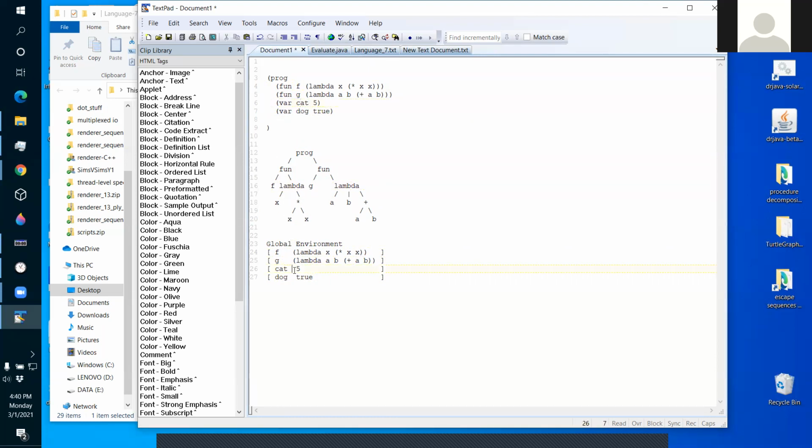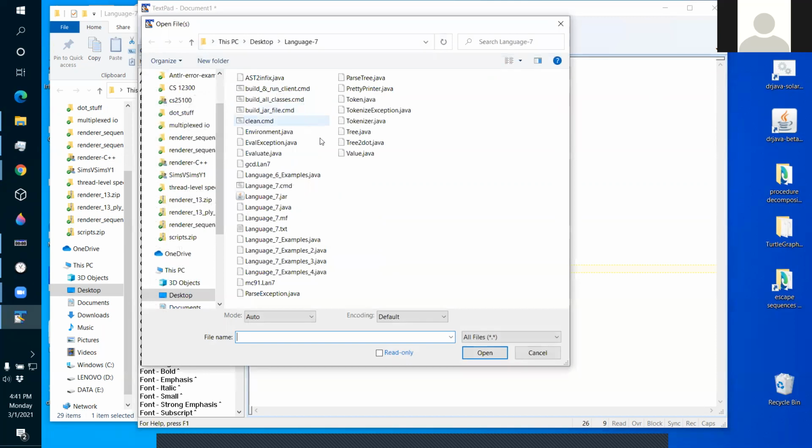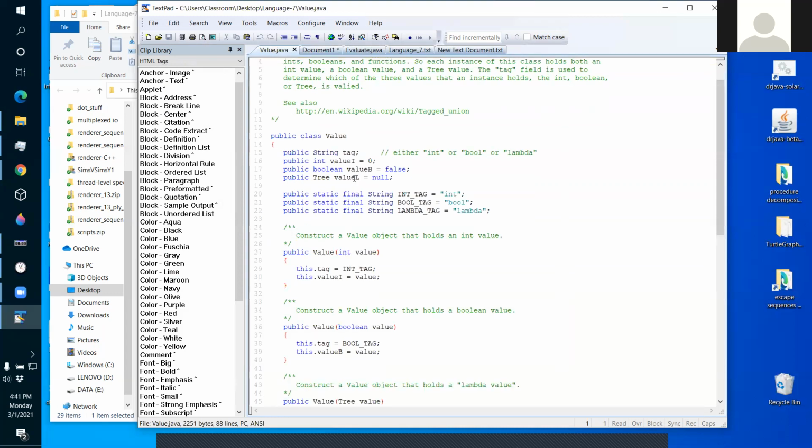Yeah, and here this would have a tag. If I do this more carefully, this is a lambda with the tag. I forget what I called it. Oh, value L, value B, value I. Those were the, oh, I'm sorry.